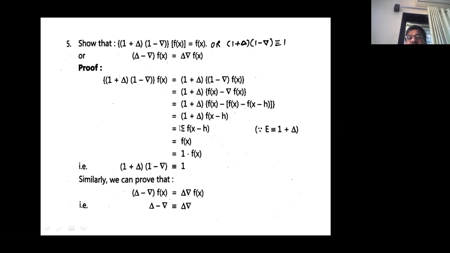And then f of x minus h and minus f of x minus h get cancelled to each other. We have the answer fx. So either by using this method or by deleting this step and multiplying this f of x minus h into the bracket, we also have the same, this fx, and that is 1 into fx, and these two are equal, and therefore these two are equivalent, that (1 + Δ)(1 − ∇) is equal to, or is equivalent to, 1.